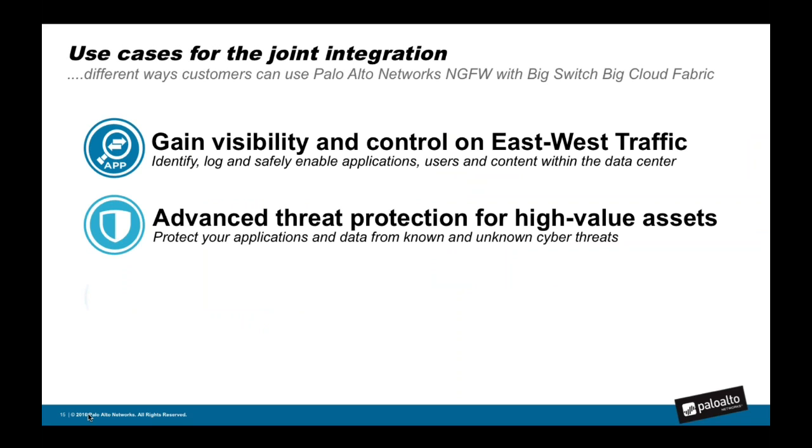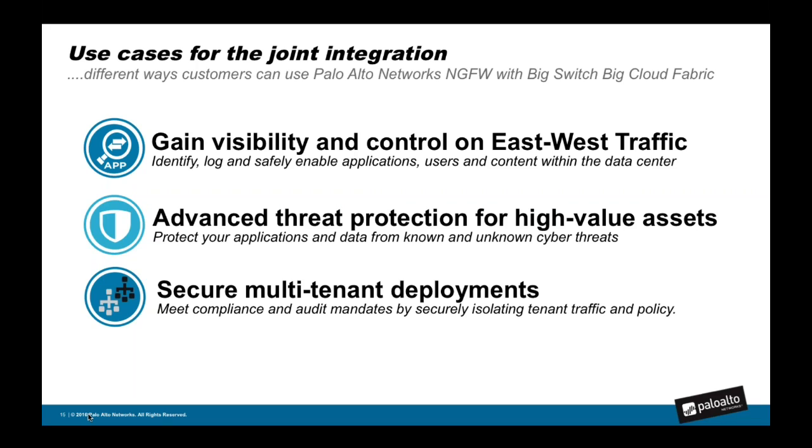What are some of the typical customer use cases where you will see the joint integration leveraged? I have listed three of them. The first key one, of course, is to be able to gain visibility and control into east-west traffic. You have the ability now to identify, log, and safely enable applications across your data center, physical as well as virtual. Advanced threat protection, I already talked about it.